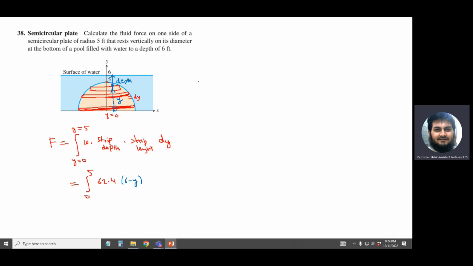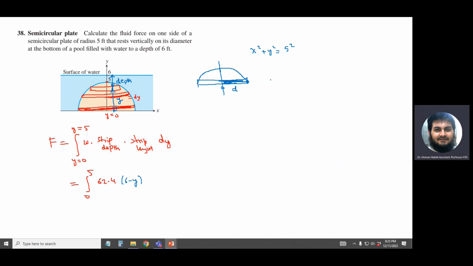If we look for the strip length, this is the strip, and this is the circular object. Let's call this length d. It starts from 0 and is limited by the circle, which has the equation, for the 5 feet radius, x squared plus y squared equals 5 squared.